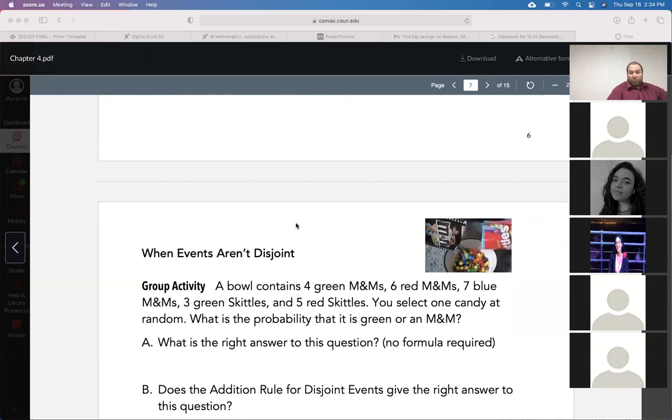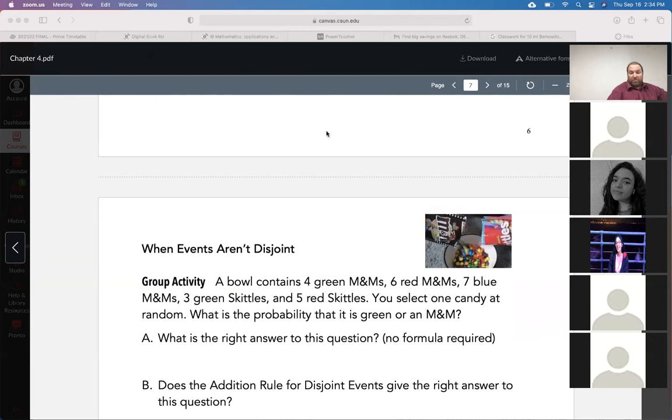Now, does the addition rule for disjoint events give the correct answer? Well, let's compute that. What's the probability of getting a green here? Just for green.